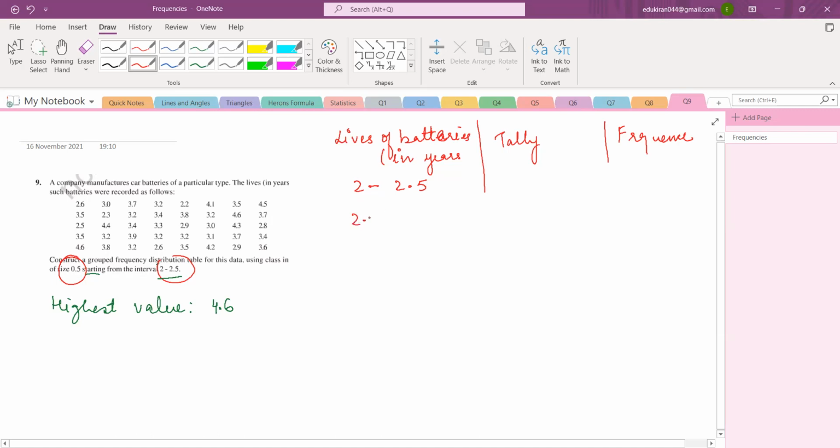So next will be 2.5 to 3, right? Then next will be your 3 to 3.5. Okay, let's keep one place of decimal only. I'm putting 2 zeros, just put 1.